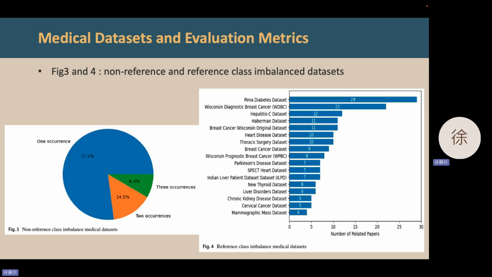The bar next to each name also represents the frequency of use, and you can see that the bars for these data sets are generally longer than those in figure 3. It indicates that they are more common benchmark data sets in this field.